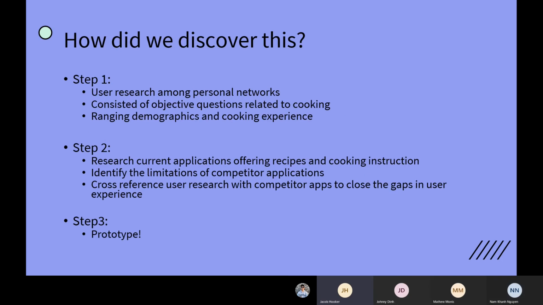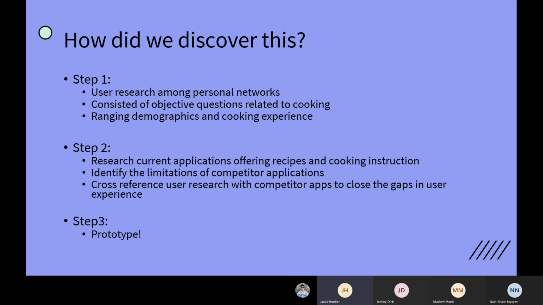How did we discover these problems? Well, the first step was to conduct user research among our own personal networks. This user research consisted of objective questions related to cooking, and it ranged between multiple demographics and cooking experience. Our next step was to research current applications in the market offering recipes and cooking instruction.